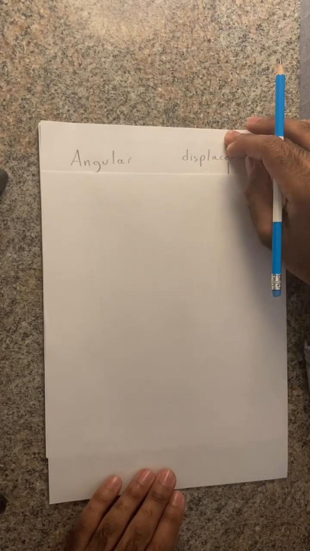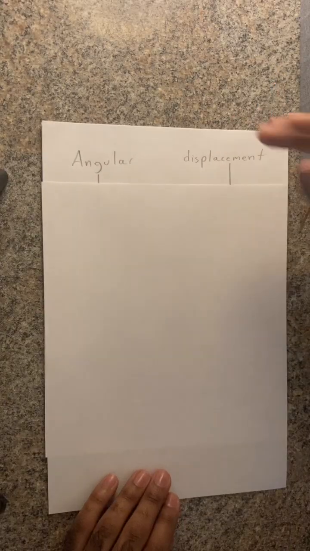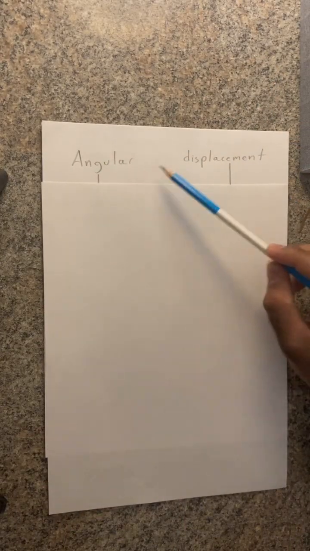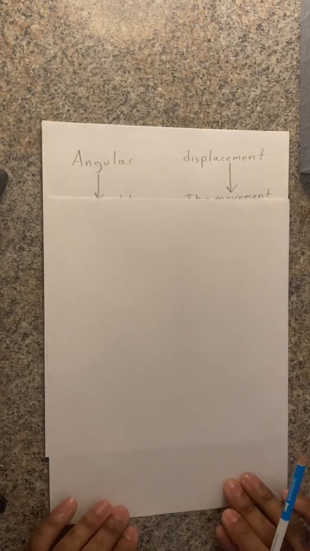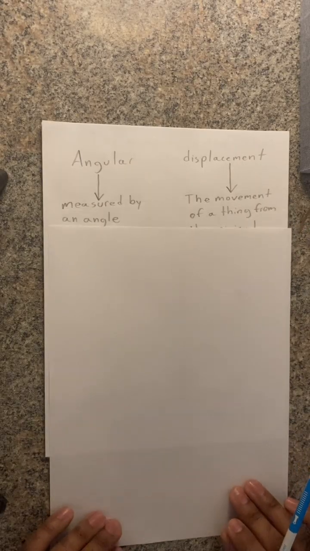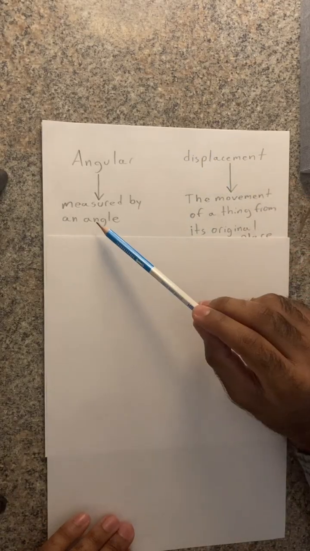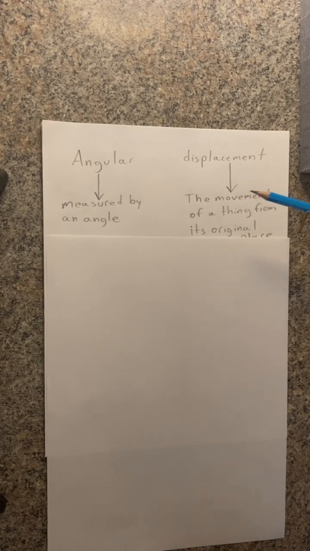So usually in the dictionary definition, what we will do is break the compound term angular displacement down. Angular basically means measured by an angle. That's what angular means.